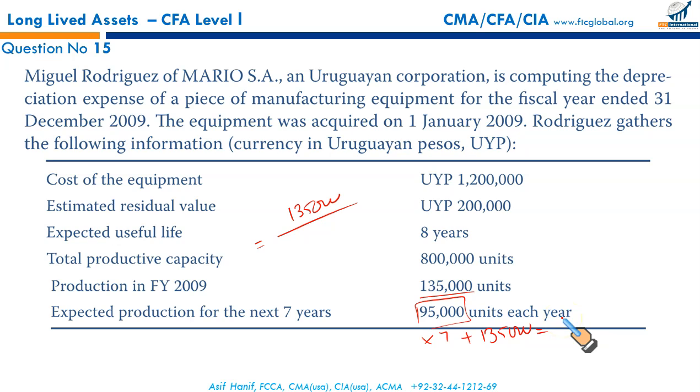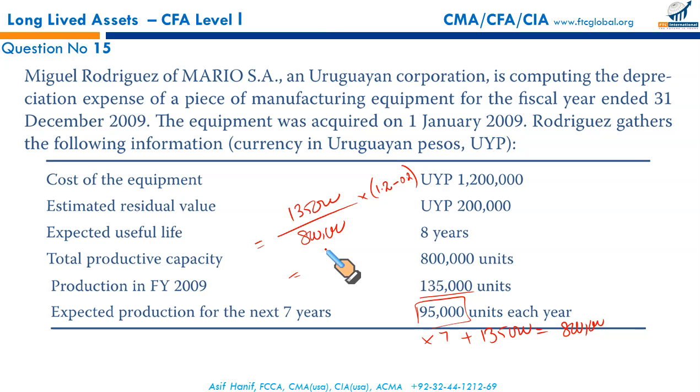95 times 7 plus 135 gives you a total output expected from this machine of 800,000 units. So out of this 800,000 units, we have produced 135,000. For this we need the depreciable base. What is the depreciable base? Cost 1.2 million minus residual value 0.2, so that's 1 million.